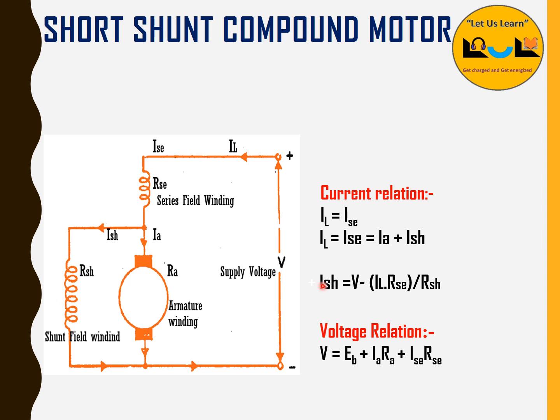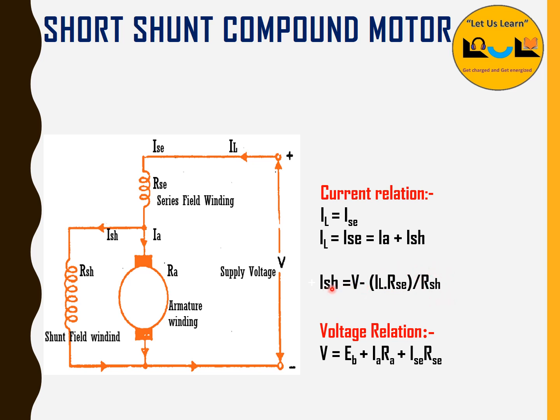Again, ISH is equal to V minus IL into RSE. IL and ISE are equal. That means the series field winding voltage, divided by the resistance in the shunt field winding. So the total voltage V minus the voltage in the series field winding, divided by the shunt field resistance.